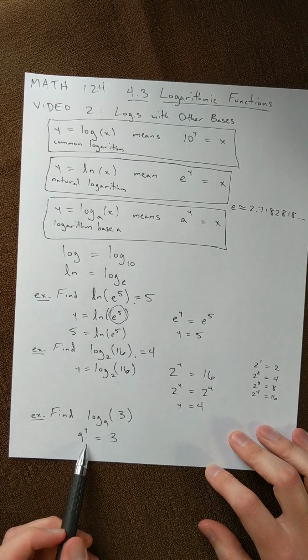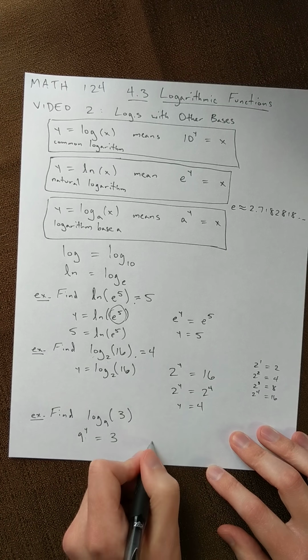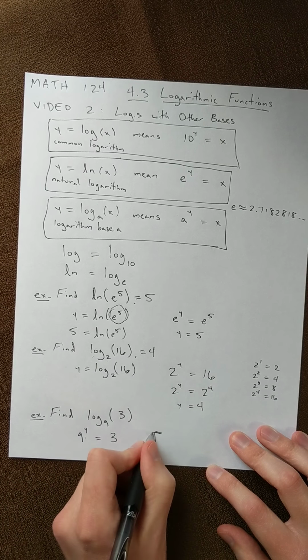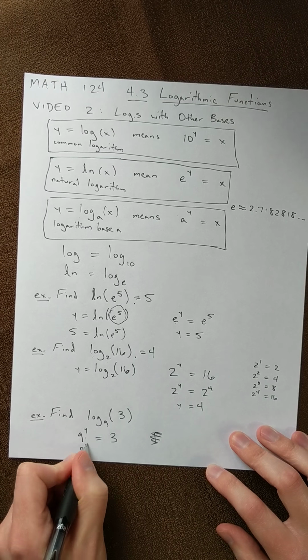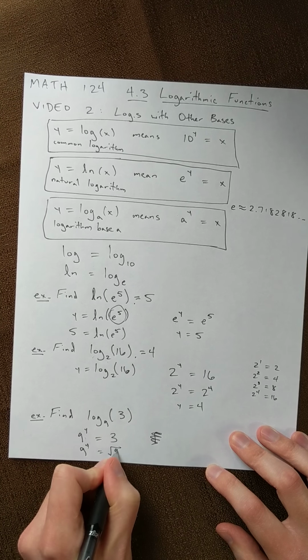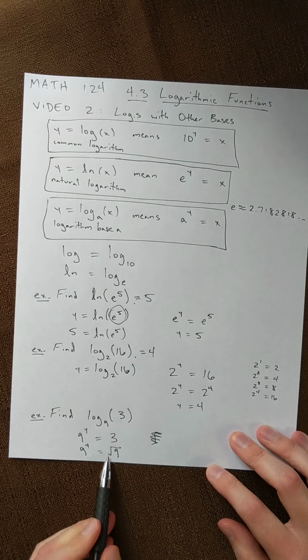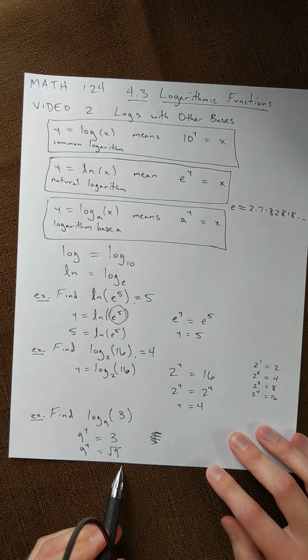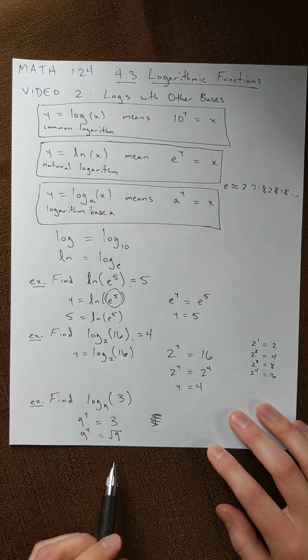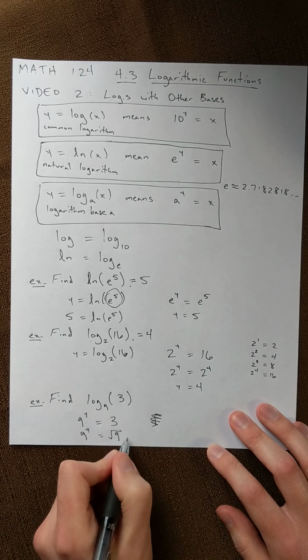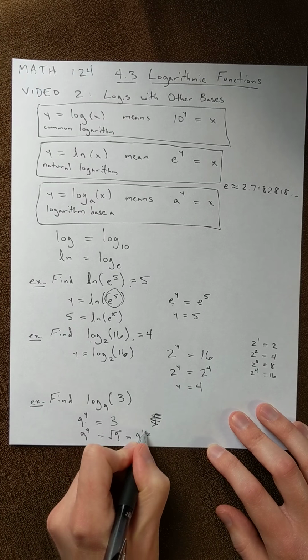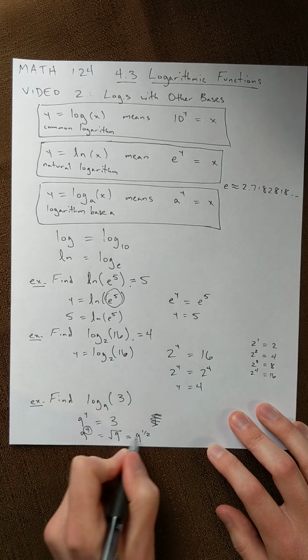Well, square root of 9 would be 3. And then we just have to remember, how do we write the square root as an exponent? The square root is the 1/2 power. And so if I'm trying to find y, apparently y is 1/2. So the answer here is 1/2.